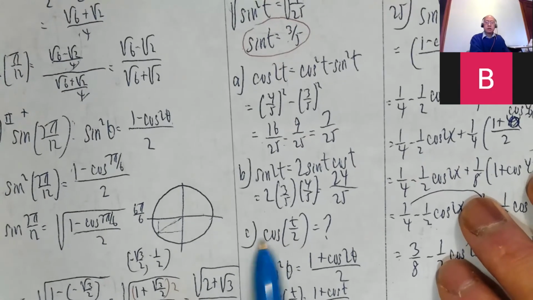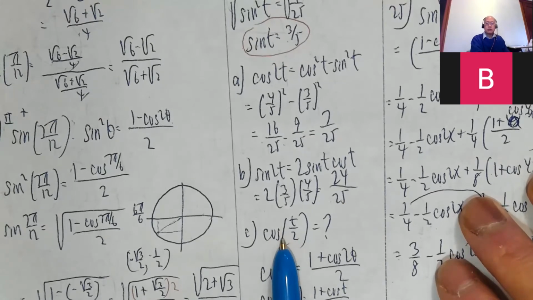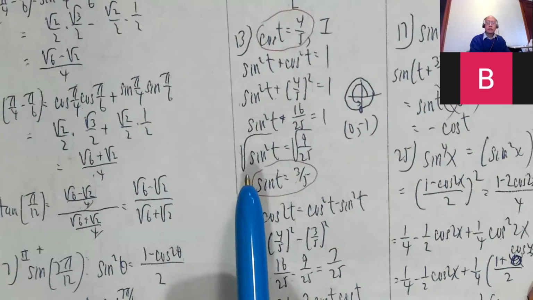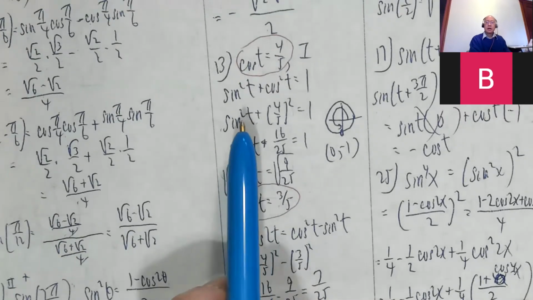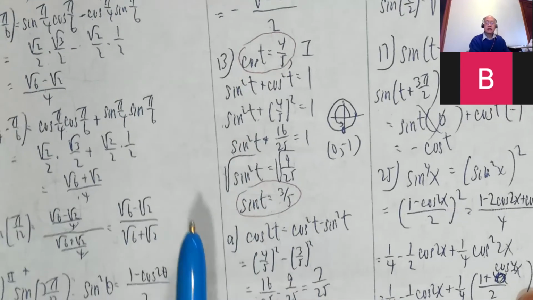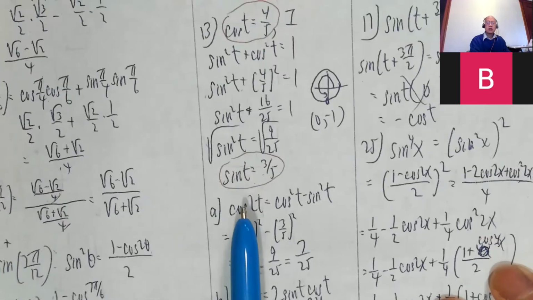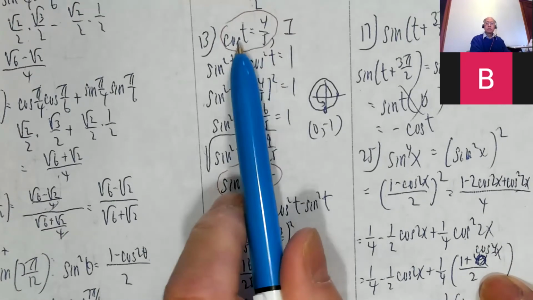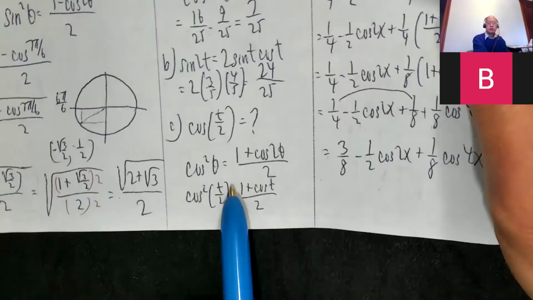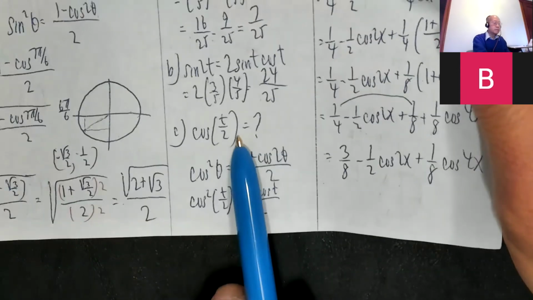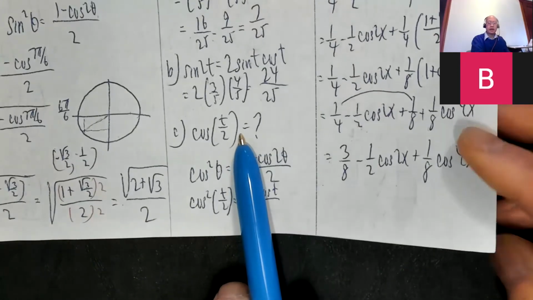All right, they ask for cosine of t over 2. Okay, one thing to check. The angle is in quadrant 1, so half that angle is still going to be quadrant 1. So I want the positive value.